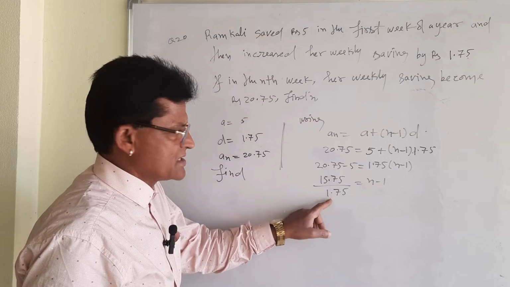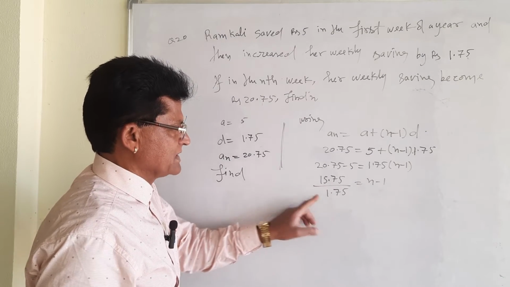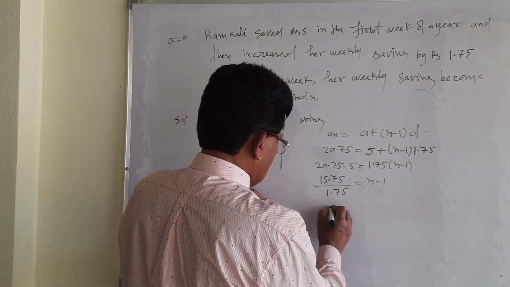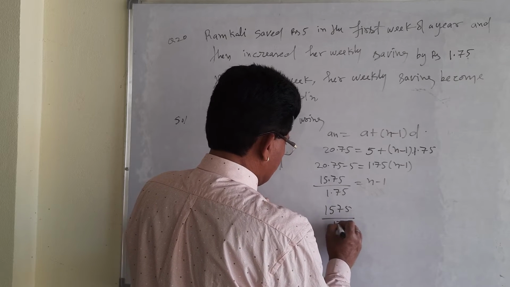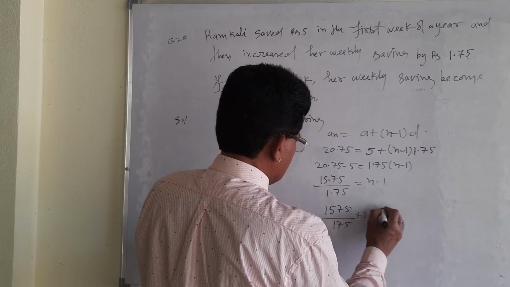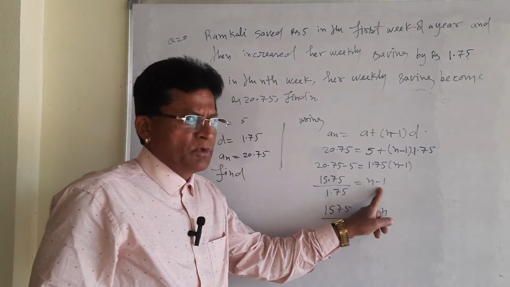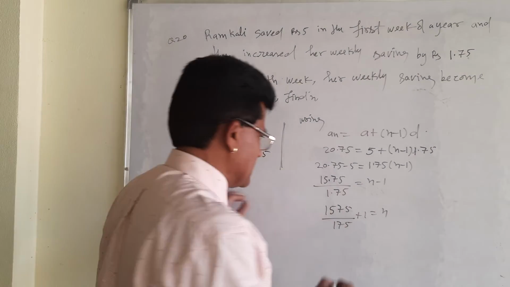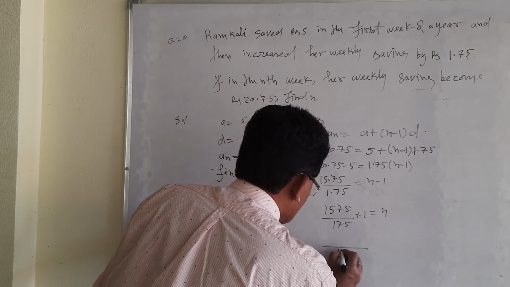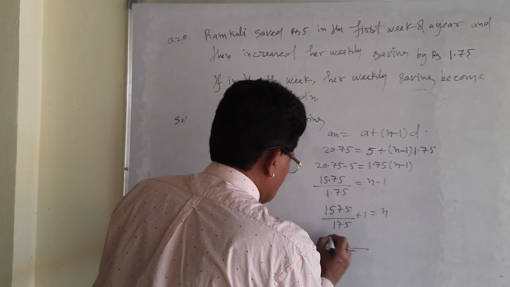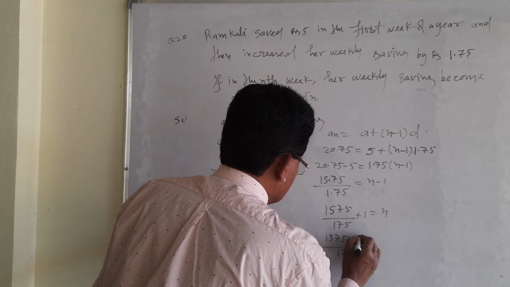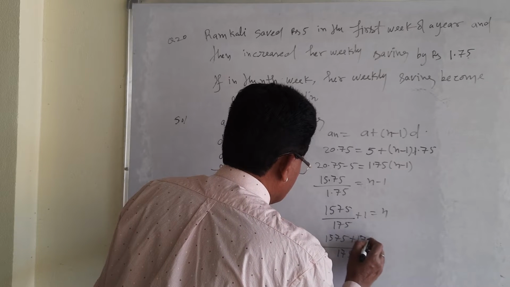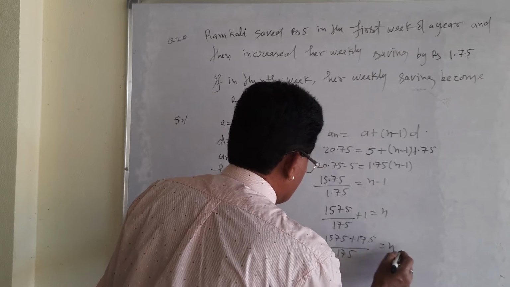I am just going to remove this decimal symbol from here. Then 1575 over 175 plus 1. Plus 1, I have transposed it from right side to the left side. You take LCM, 175. It will be 1575 plus 175 equal to n.